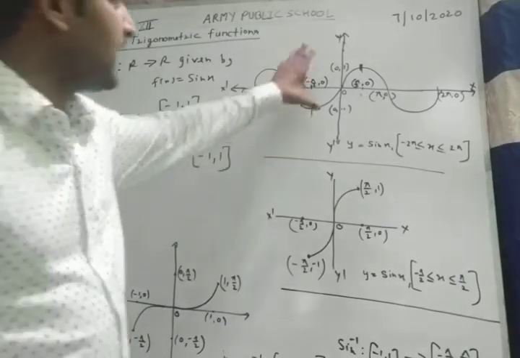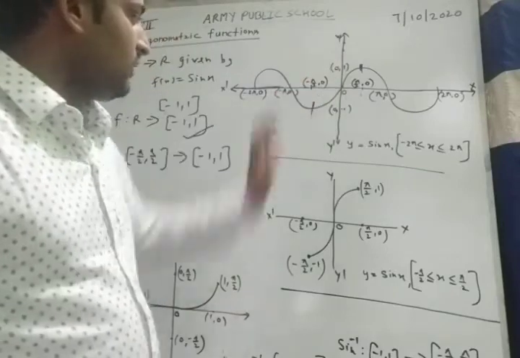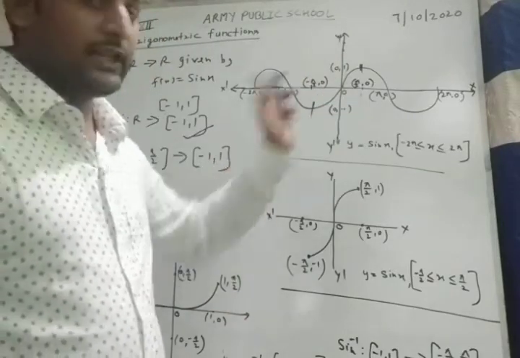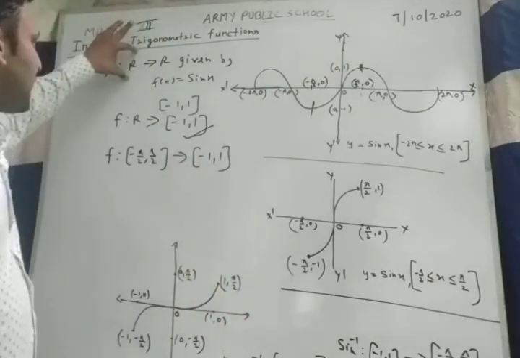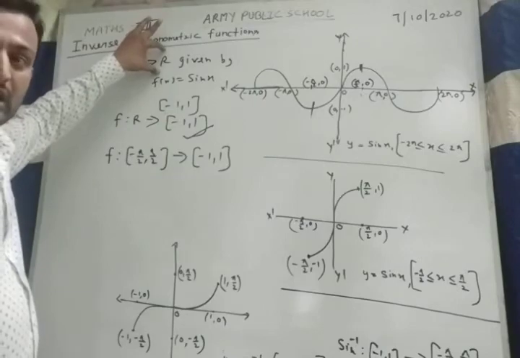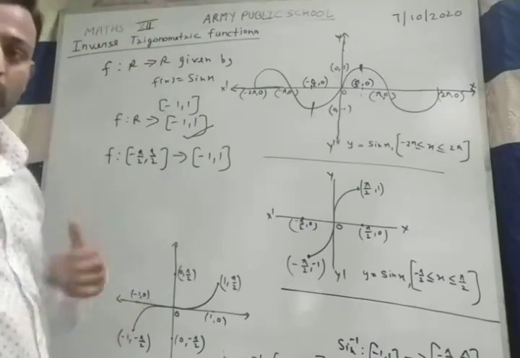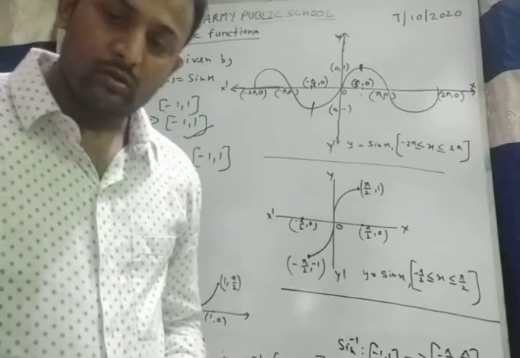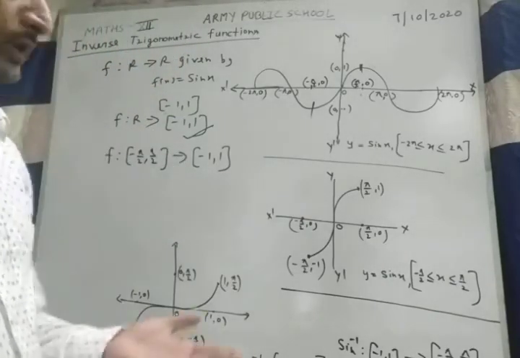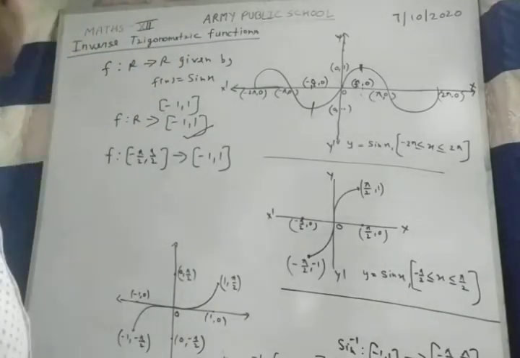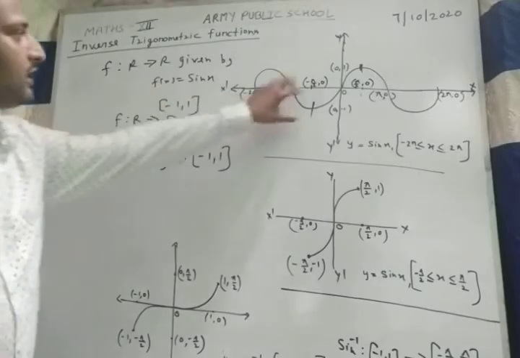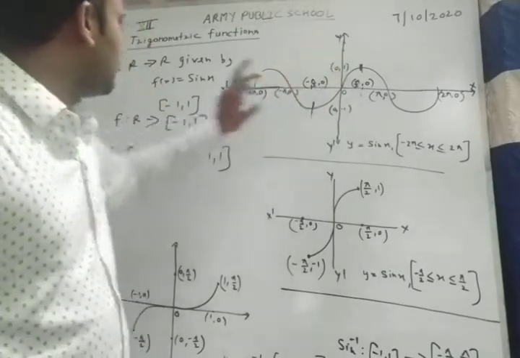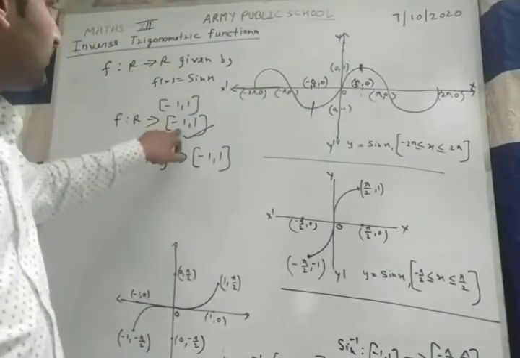So what have we done? In the graph of sin x, we have restricted its domain and codomain. The domain is R and the codomain is R. We know that for a function to be onto, the codomain should be equal to the range. The range of sin x is minus 1 to 1, so we replace this R with minus 1 to 1.